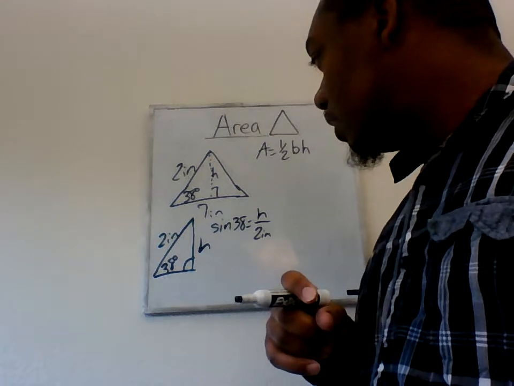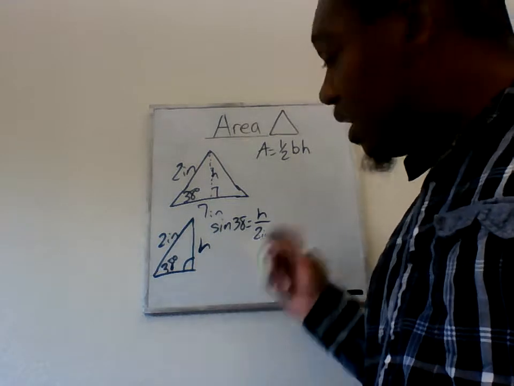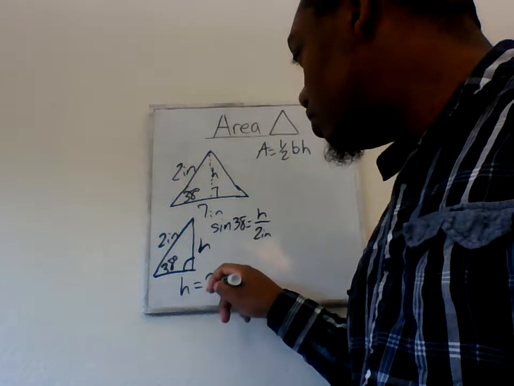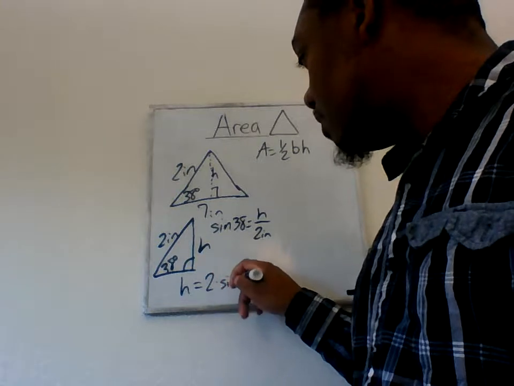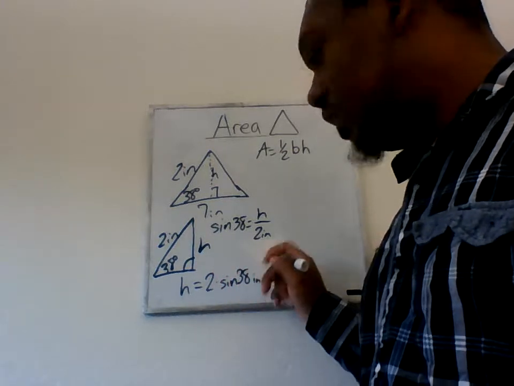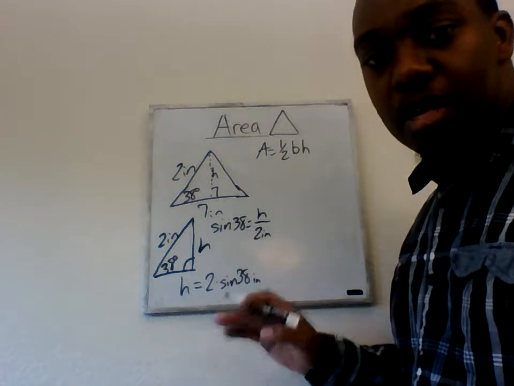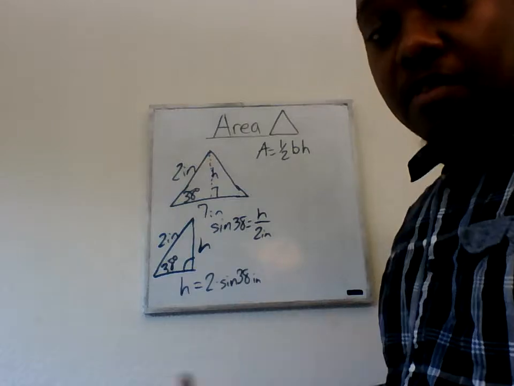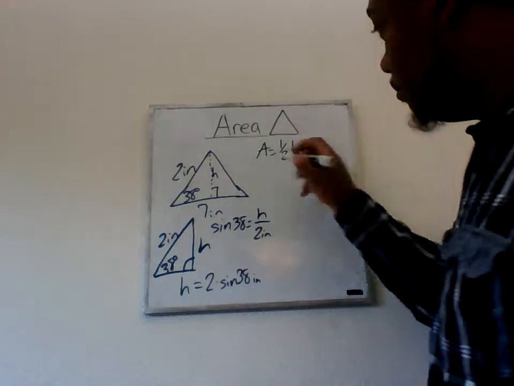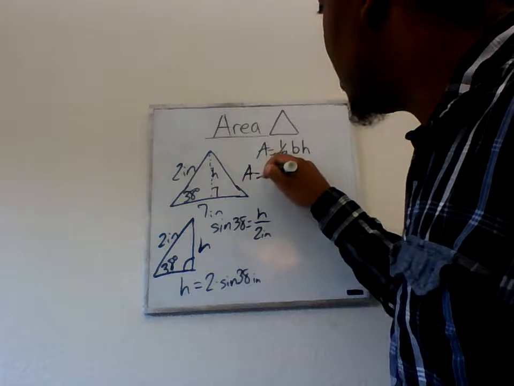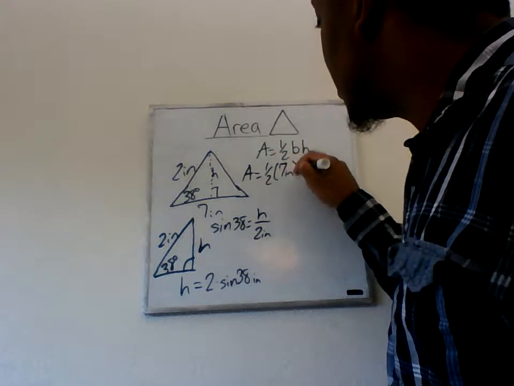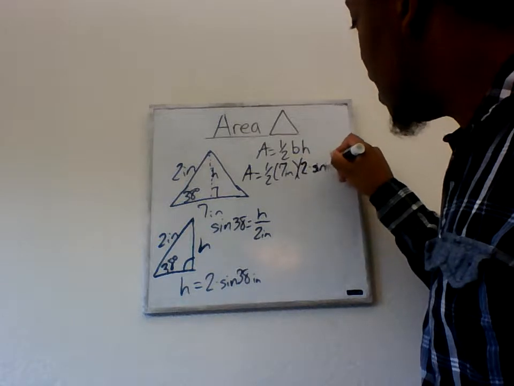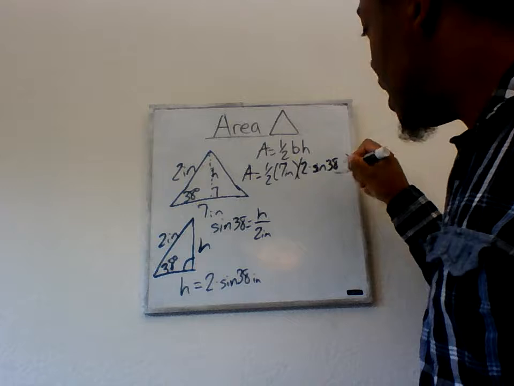Okay, well, how can I find the height now? That's right, I can multiply both sides by the 2 inches. And so I would get that the height is going to be 2 times sine of 38, and it will be inches as my units of measurement. Okay, well, I already knew the base was 7, so I have enough information now in order to find the area. So area would be 1/2 the 7 inches times the height, which we now know is 2 times sine of 38, and that's also in inches.